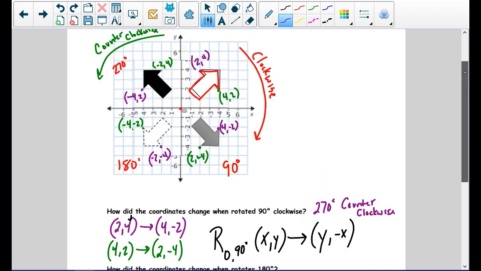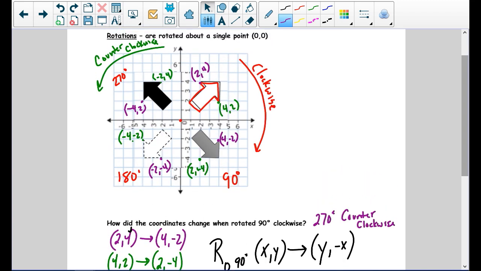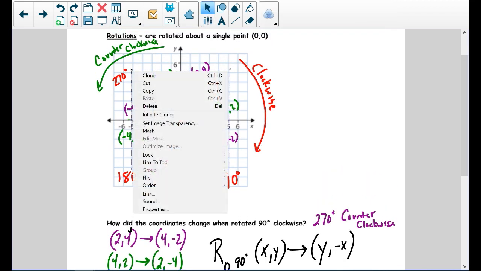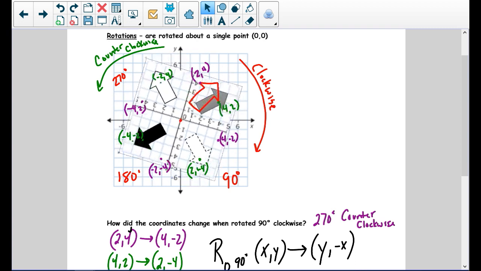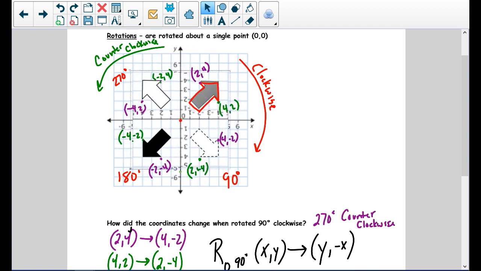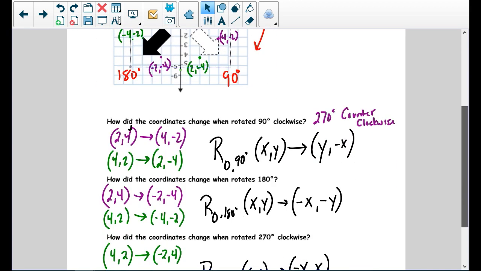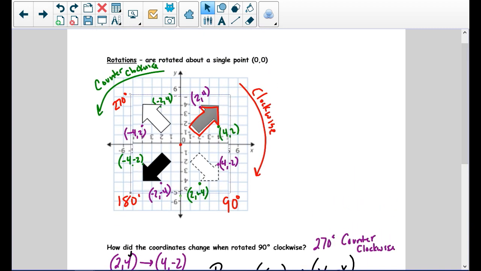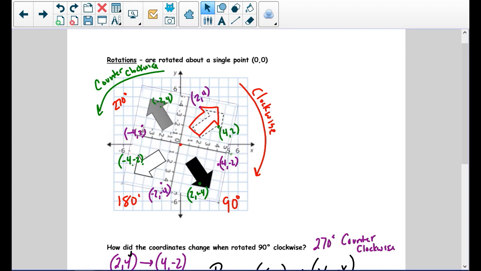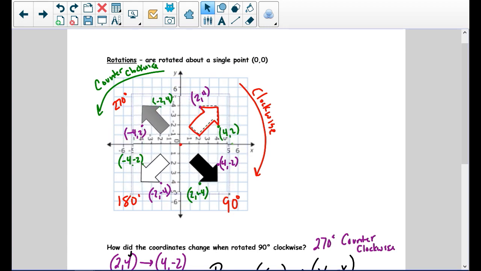If I rotate that shape 180, you can see 180 clockwise and counterclockwise are the same. So 180 doesn't matter if it's clockwise or counterclockwise. And if I rotate that, then 270 and a 90 are the same.